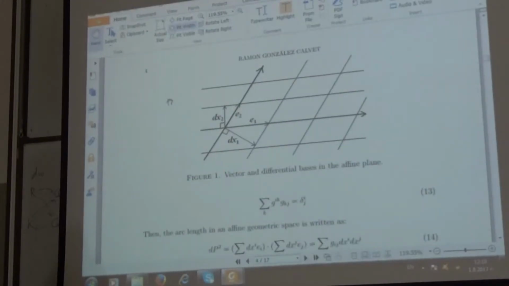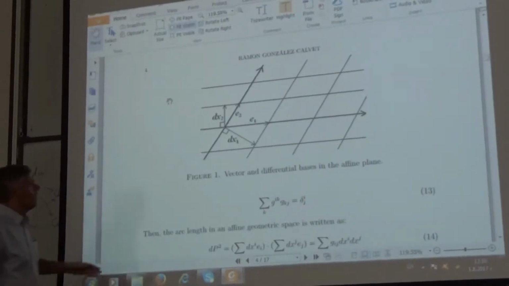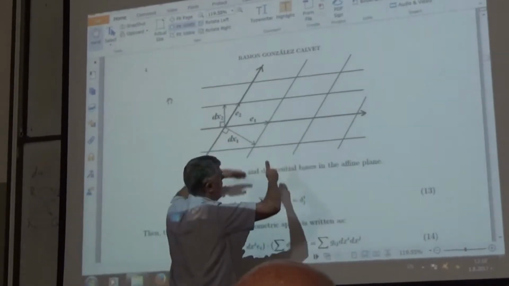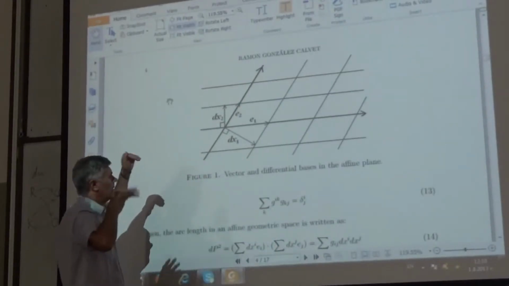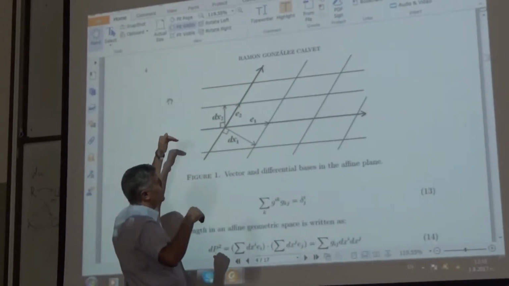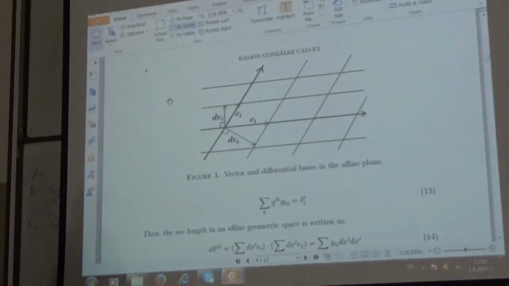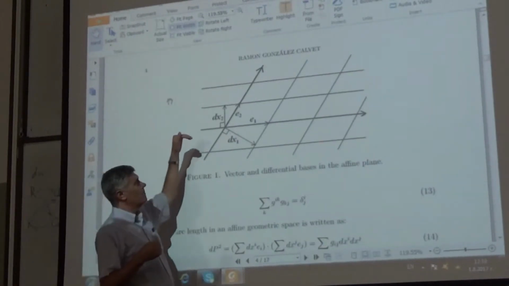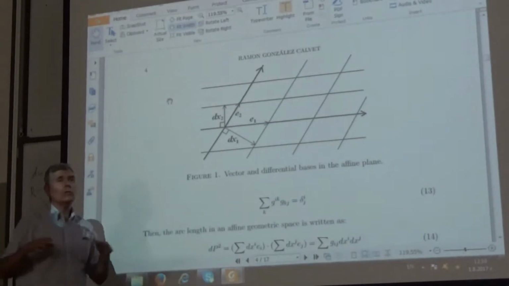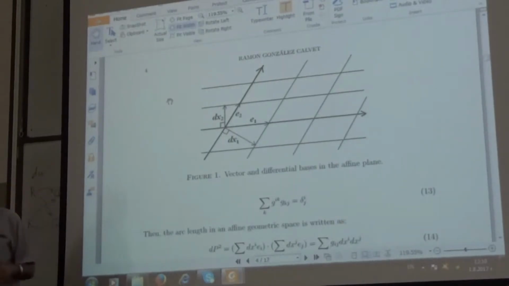A geometric vision, an example of what I am speaking of, in the plane. We have here the line coordinates. But the direction of the differential is perpendicular to the line coordinates. In general, for any dimension, the differential of a coordinate is orthogonal to the hyperplanes with the equation coordinate equal to constant.